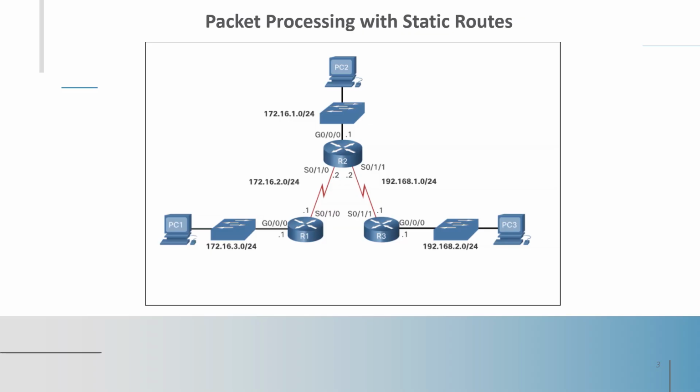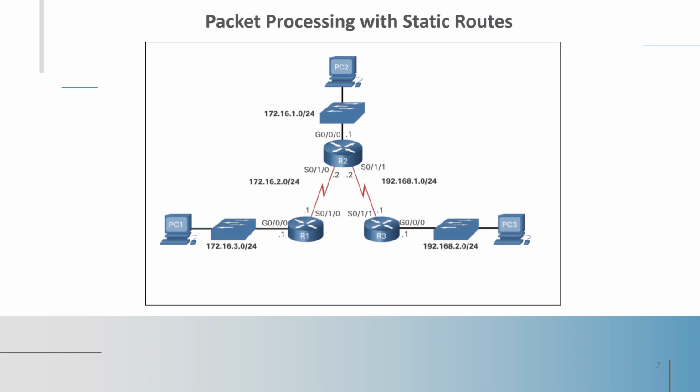Then the packets arrive on the Serial 0/1/0 interface on router 2, where router 2 will de-encapsulate the frame and look for a route to the destination. Router 2 has a static route to the network 192.168.2.0/24 out of the Serial 0/1/1 interface.